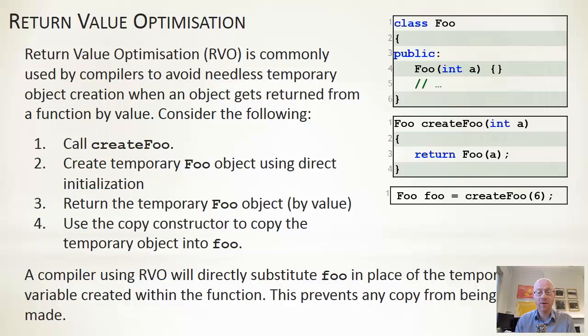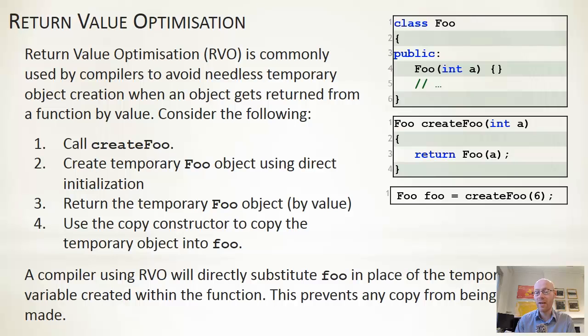really unnecessarily. And the return value optimization technique, a technique that compilers can use, is that if it sees a situation where we're instantiating an L value, some named variable, using an R value, then it substitutes the L value for the R value.